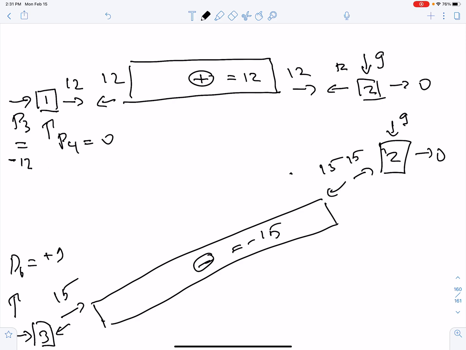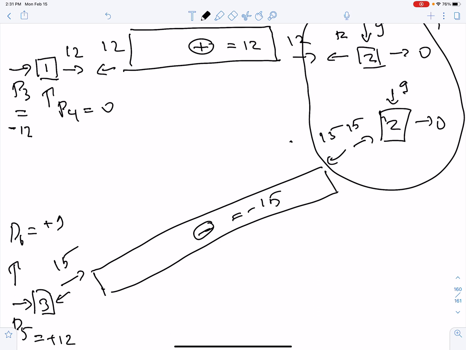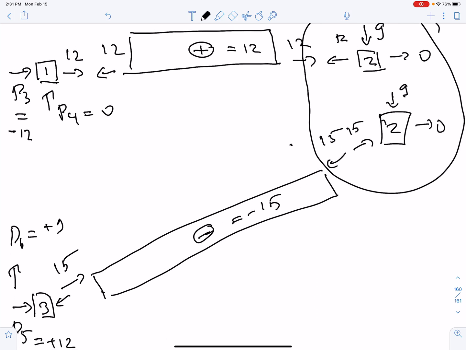So let's look at node 2. Right. And let's collect all the forces that are acting on it. You have 9 going this way, right? 0 going this way, 12 going that way, right? And 15 going this way.